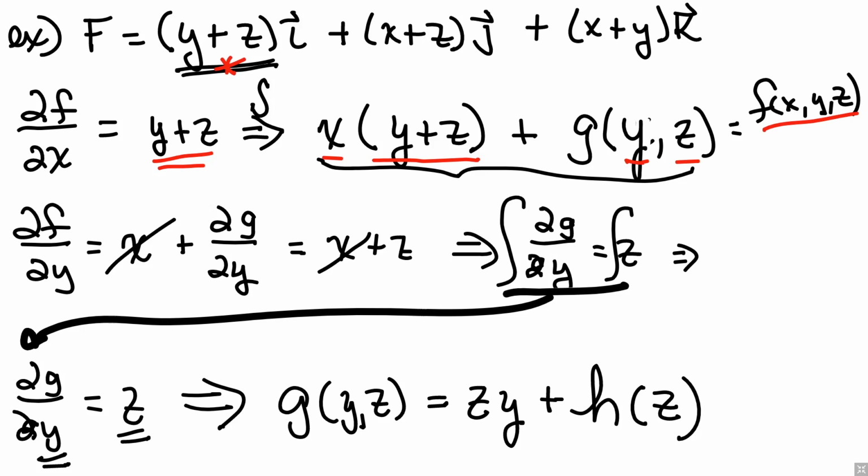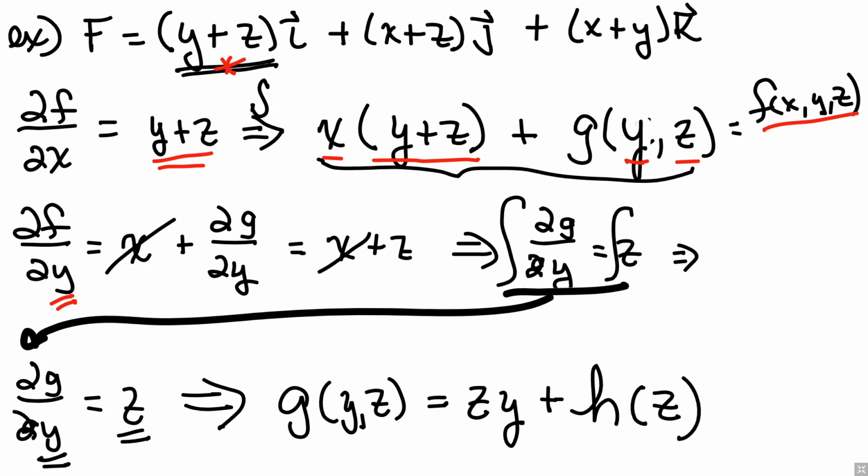All right. So now what I want to do is take the partial with respect to y. If I take the partial of this with respect to y, that gives me x. If I take the partial of this function g with respect to y, we just write it as the partial of g with respect to y.